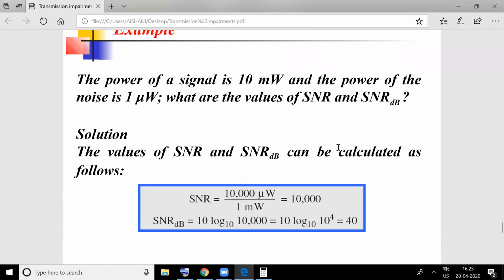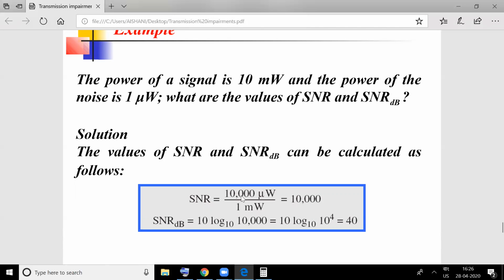Now first we'll calculate the SNR. SNR is signal power by noise power. So we can see signal power is 10 milliwatt.